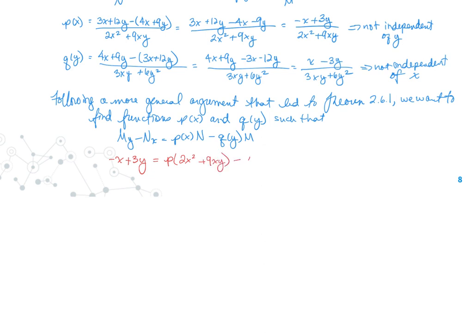And then we're going to subtract from that q of y, which I'm going to abbreviate as just q, times m of xy, which is 3xy plus 6y squared. So we can simplify this a little bit here. We can say negative x plus 3y equals 2x squared p plus 9xyp minus 3xyq minus 6y squared q.